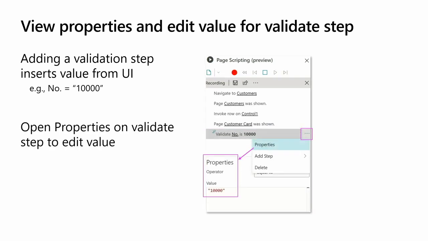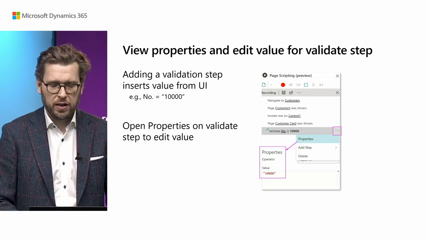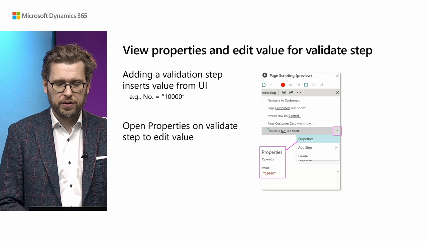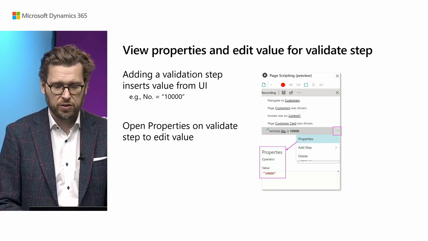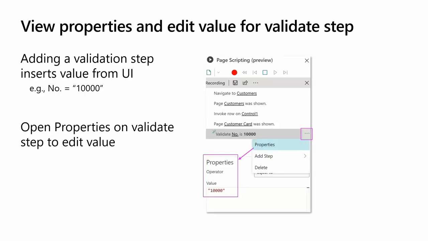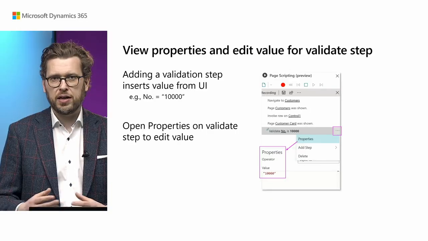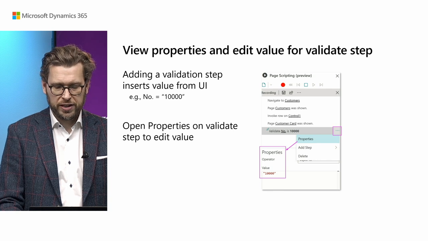Now, maybe it's not 10,000 that you want. That was what was there during the recording, but maybe you want to test for another value, or maybe you want to test for it being different than what it normally is, so that it fails for some reason. You can click the three dots to open a context menu on the step and select properties, and that will open a properties pane in the page scripting pane, and there you can set the value that is being used for the validation.